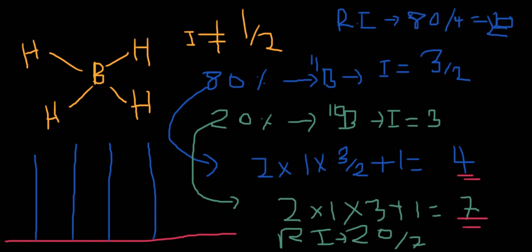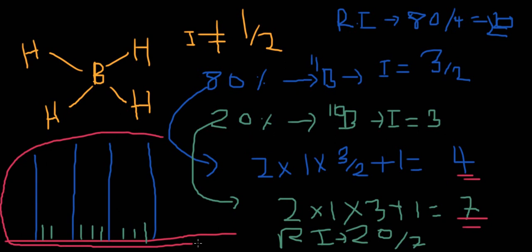And for the 7 peaks, which are 20% abundance, the relative intensity will be 20/7, which is less than 3%. The relative intensity is less, and 7 peaks appear, but with less peak height. Here is the peak. So the answer for the proton NMR of this structure will be this.